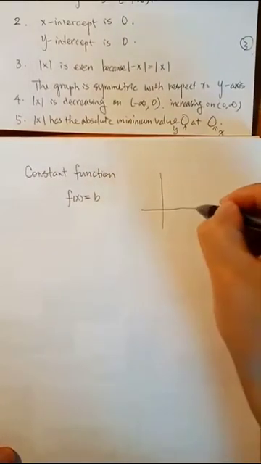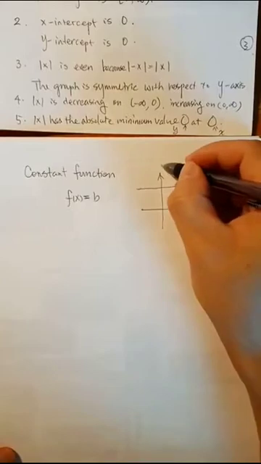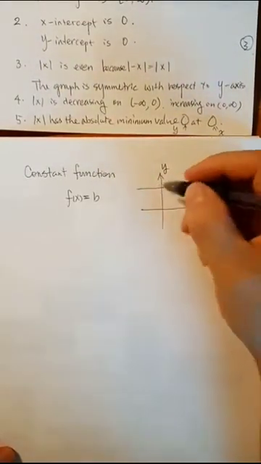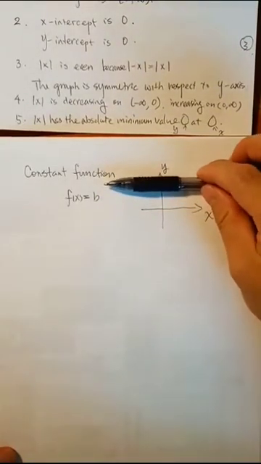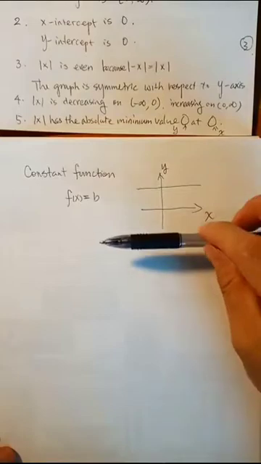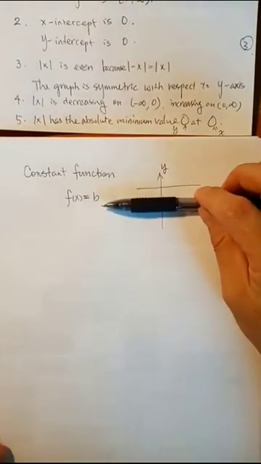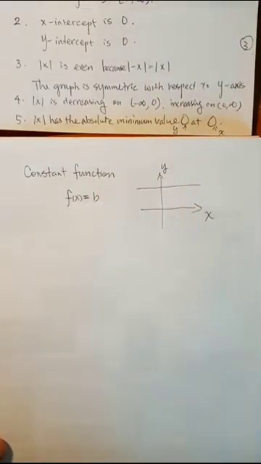Its graph is horizontal. Its position depends on the value of b. If b is positive, it's above the x-axis. If b is negative, it's below the x-axis. If b is 0, it is the x-axis. Okay, so this is a constant function.